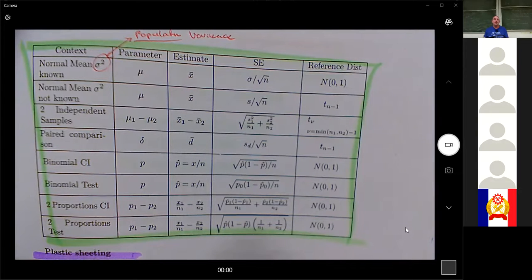Okay, right. Sorry? I don't think we've ever used it. Okay. I'm sure we did a paired t-test. It's all good. Okay. Right.